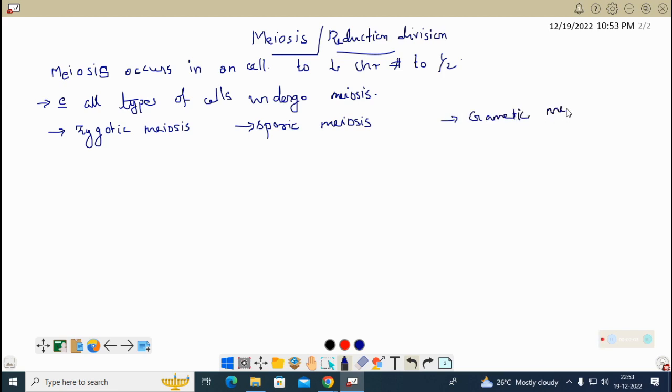So what is this? Zygotic meiosis. In the case of thallophyta, they follow the haplontic life cycle we have studied, right? They have a gametophytic plant body. The gametophytic or haploid plant body produces the haploid gamete by mitotic division. When the haploid gametes fuse together, they become a diploid zygote.